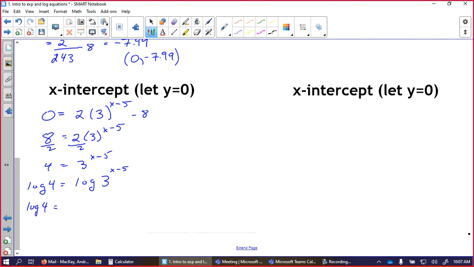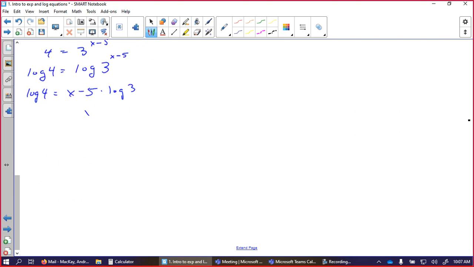Log of 4 equals x minus 5 times log of 3. 4 log divided by 3 log equals 1.26, so x is 6.26.